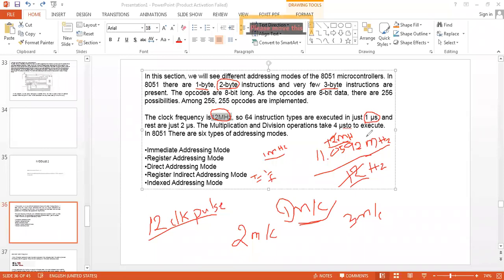So if a 1 byte size instruction is executed in a single machine cycle, then that will consume 1 microsecond. It means it will be executed within 1 microsecond. Okay, within 1 microsecond.